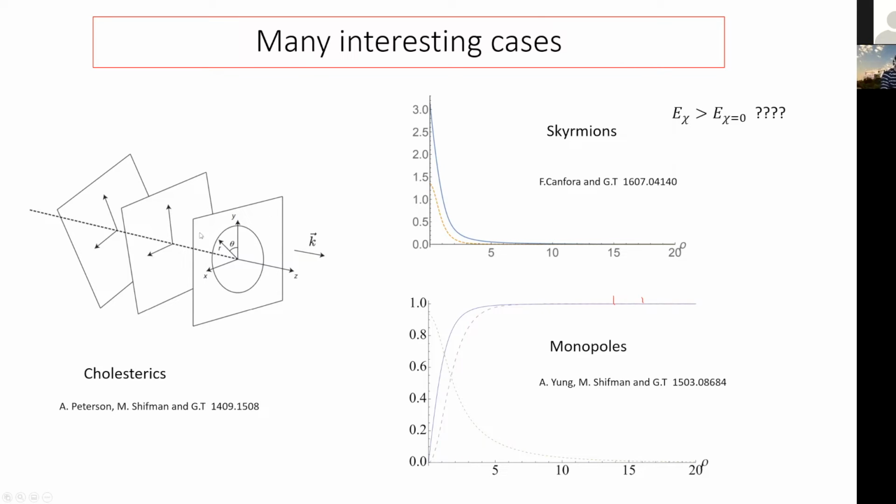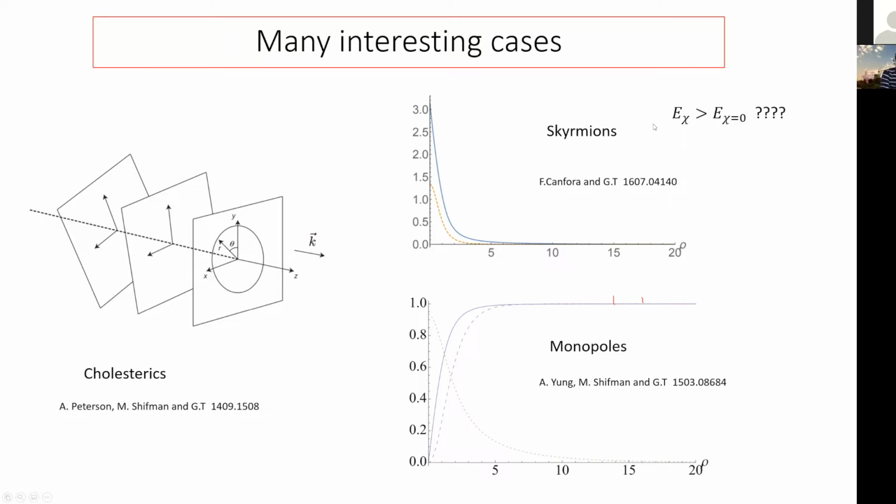For example, one application that was studied is cholesteric applications of these kinds of vortices, where I make this internal orientation of this internal vector precess in a spiral along the string.